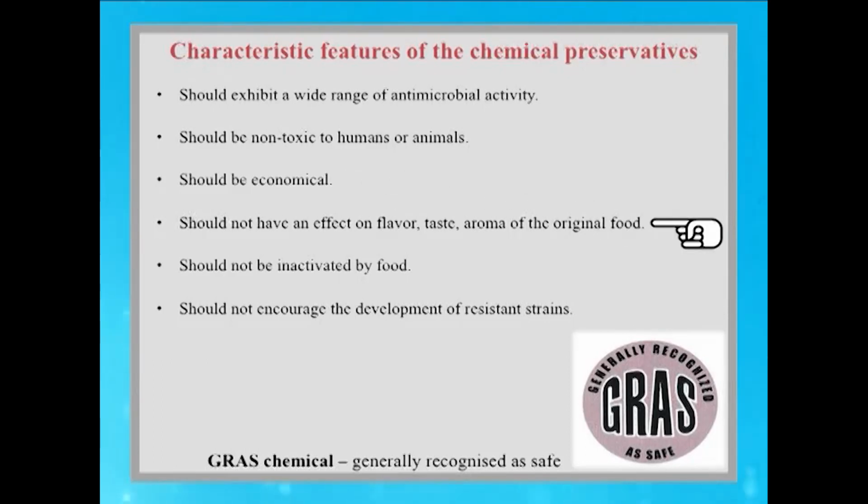It should not have any effect on the flavor, the aroma or the color of the original food item that is going to be preserved. It should not be inactivated by the food or food enzymes, and it should not encourage the development of resistant strains. Now, any chemical which has all these properties will be tagged as a GRAS chemical, and therefore we refer to this chemical as a food additive.